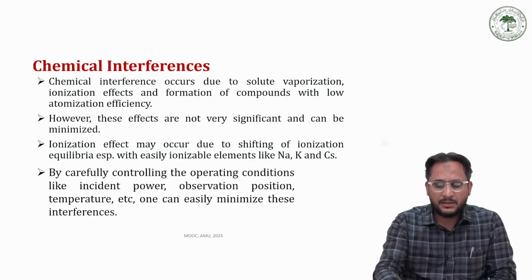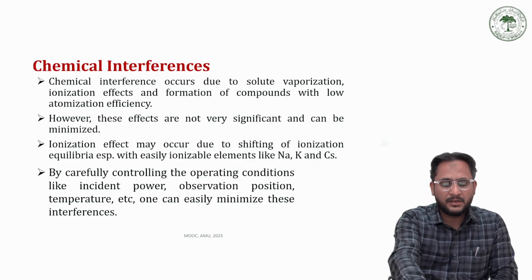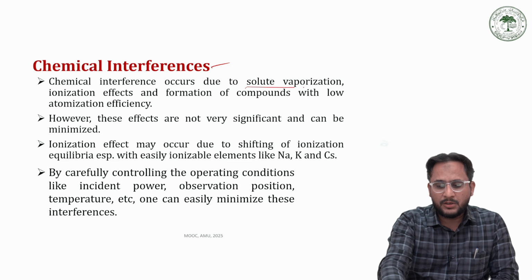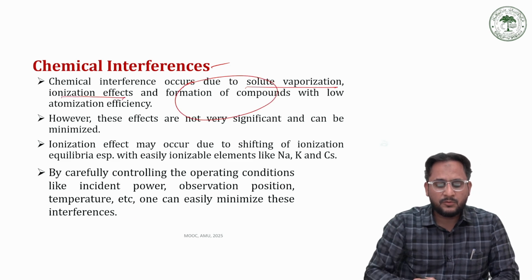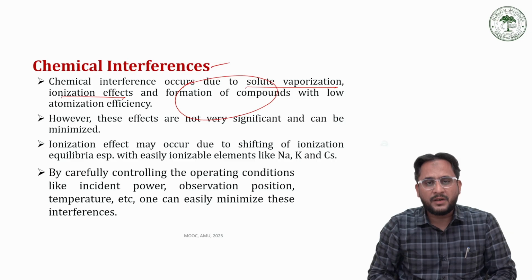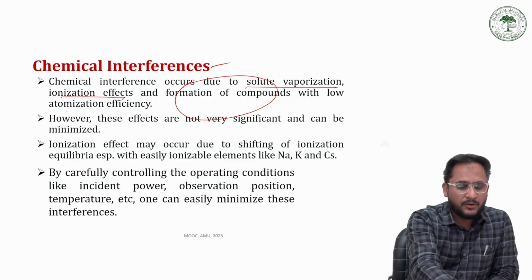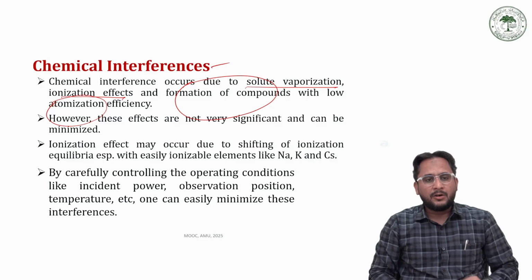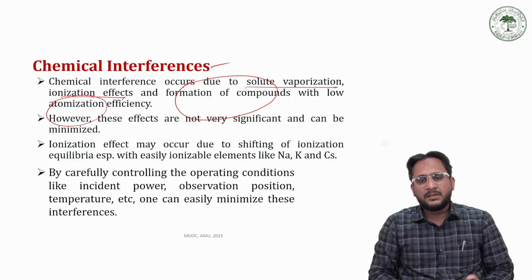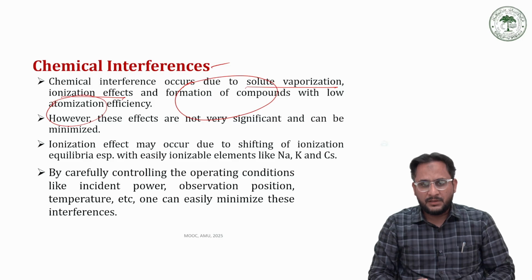Chemical interferences occur due to solute vaporization and ionization effect. Sometimes they are also due to the formation of compounds with low atomization efficiency. What do we mean by atomization efficiency? It means there is a formation of compounds which are thermally very stable and do not atomize, meaning they do not get dissociated from their molecular form into individual atoms.